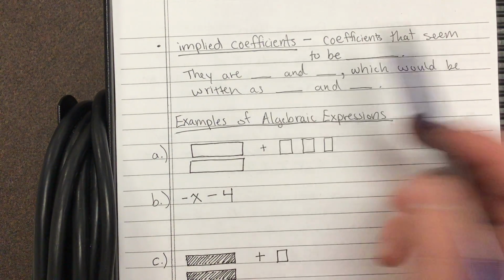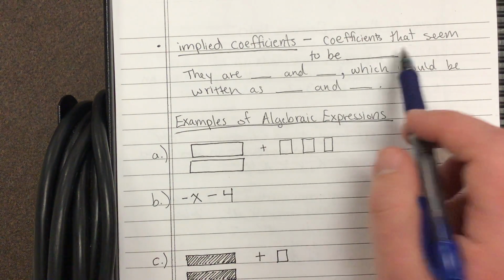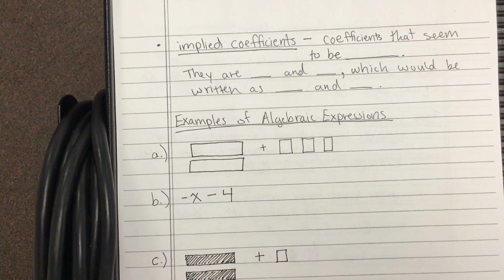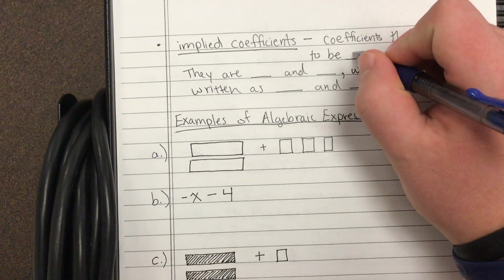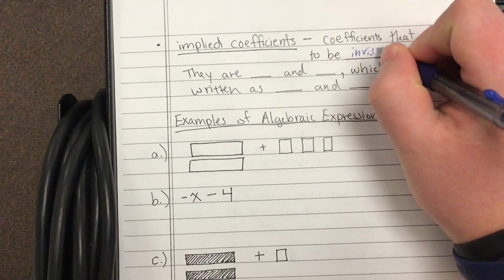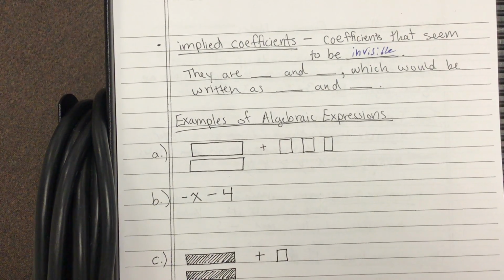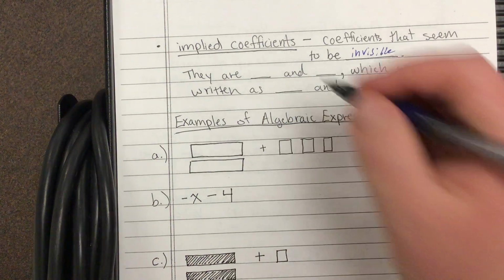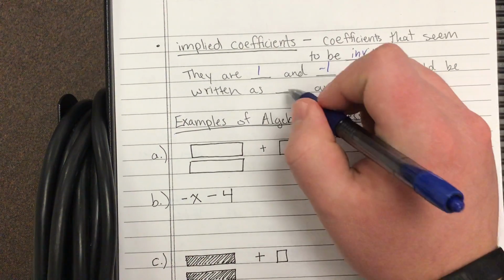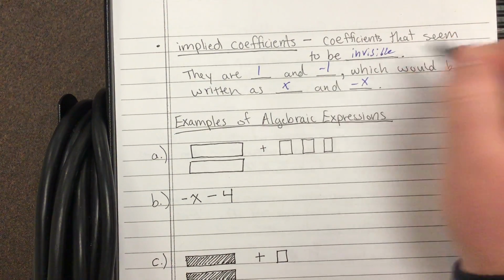All right. Implied coefficients are coefficients that seem to be invisible. And they're 1 and -1, which we just write as x and -x.